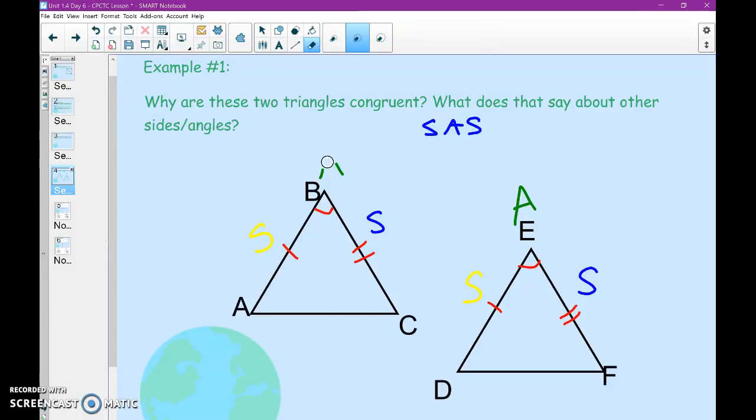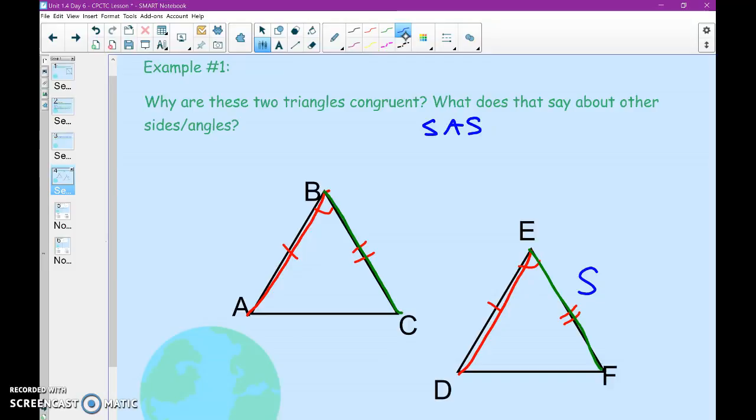Well, I already know that AB is congruent to DE because it says it in the picture. It's right here. It's got a tick mark. Okay, and I also know that BC is congruent to EF. But really, I don't know anything about AC and DF until I say that it's congruent by SAS.